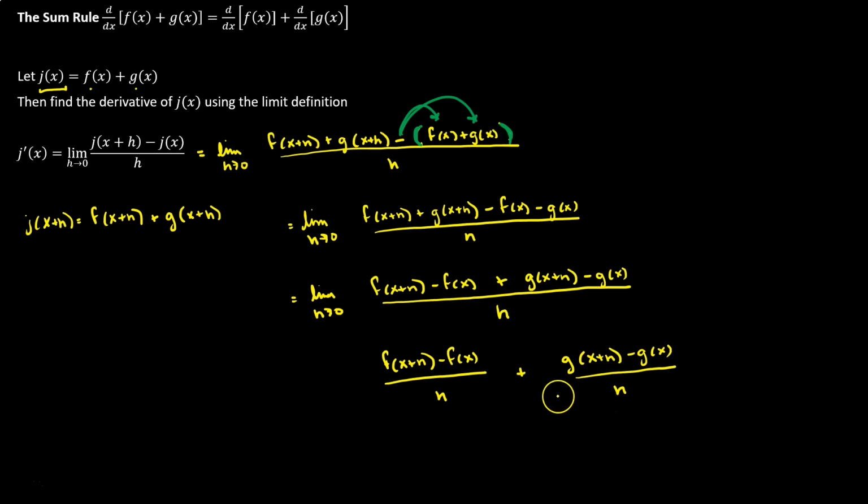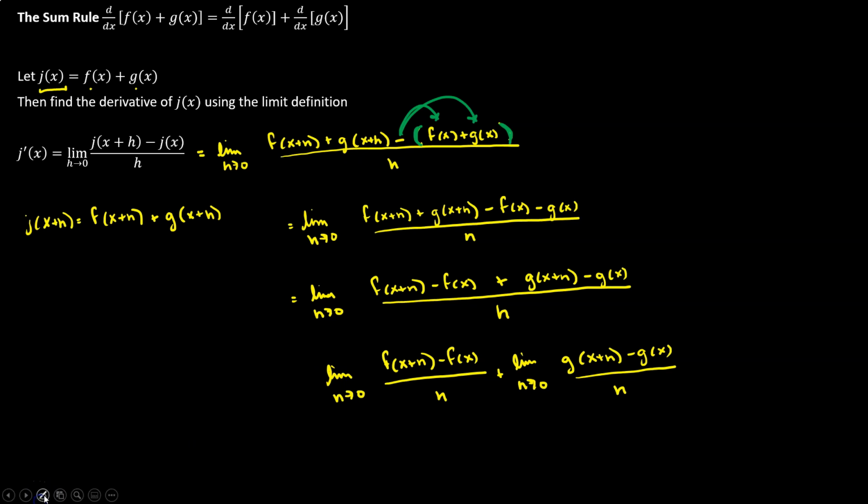Just by adding these two smaller fractions together, we would get back the fraction that we had before. The reason why I want to separate them is because we know we have a limit law that says that if we have a sum or a difference, we can apply the limit to each term in the sum or difference. So I really just broke the one big limit into two smaller ones.